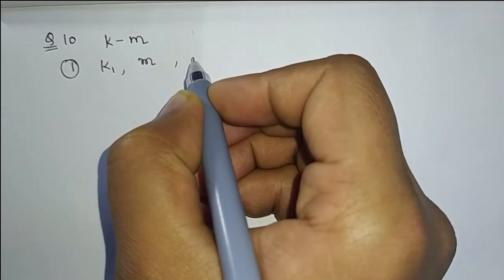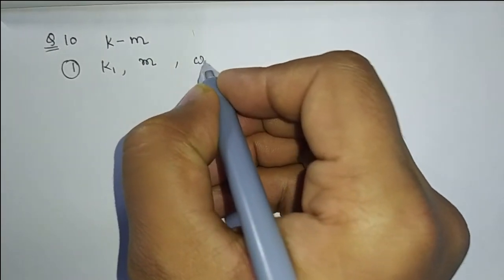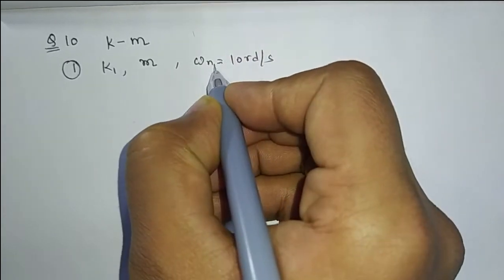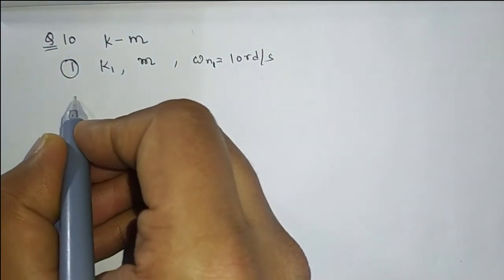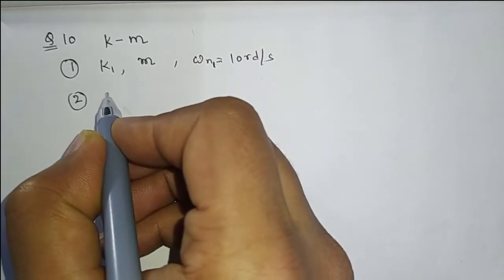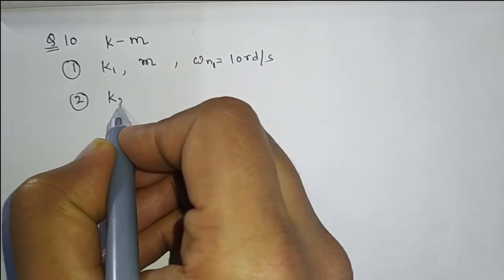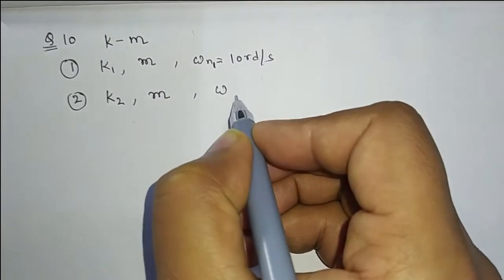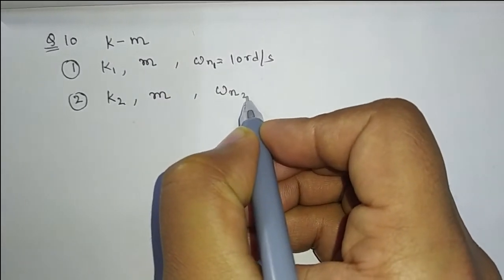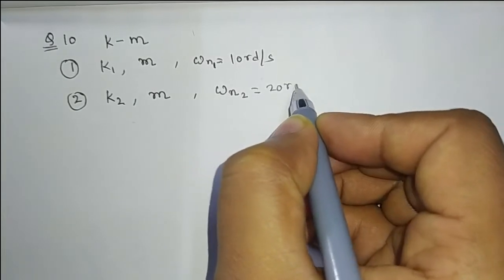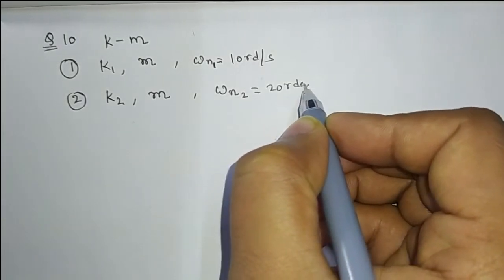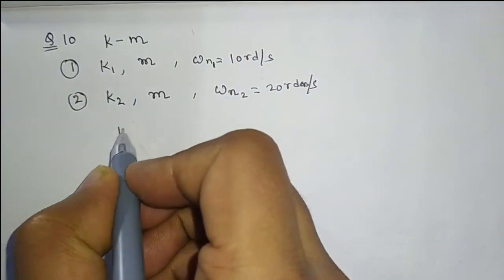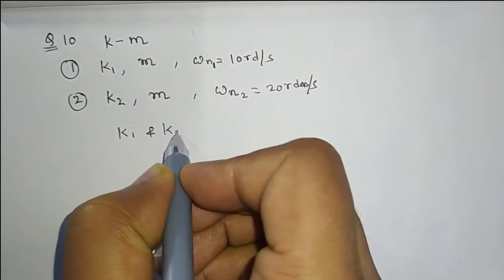The natural frequency of the first system, omega n, is equal to 10 radian per second, and the second system has a stiffness of K2 and the same mass, and the natural frequency of the second system is 20 radian per second. We have to relate the values of K1 and K2.